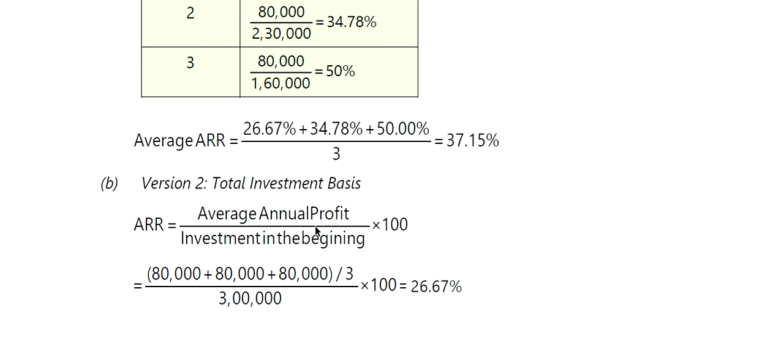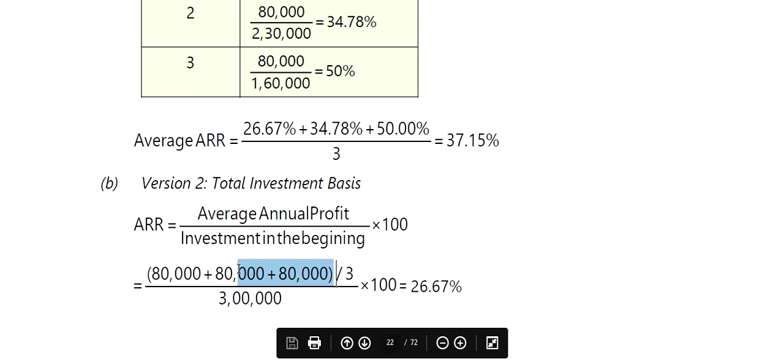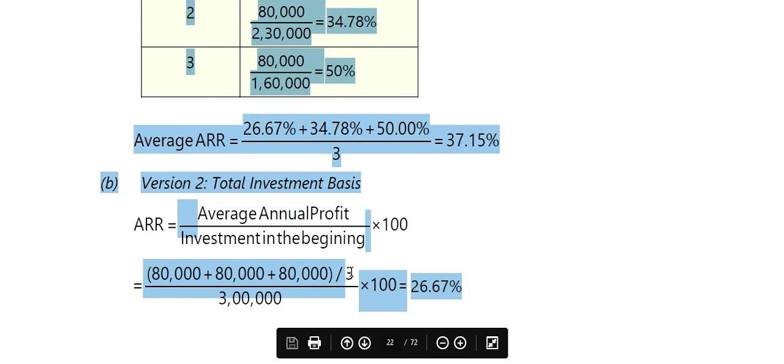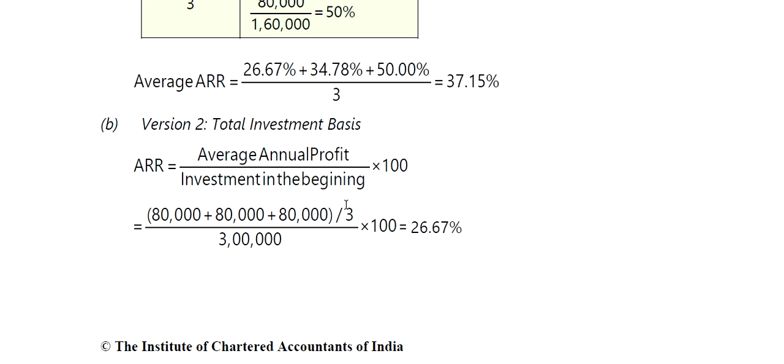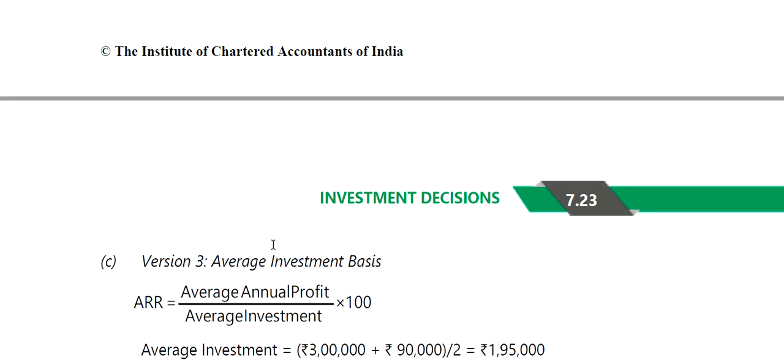For 3 years we take the average, that is divided by 3 years, divided by the investment in the beginning, into 100. If it is 4 years, you add the profit of 4 years, divide by 4, and then divide by the investment in the beginning.